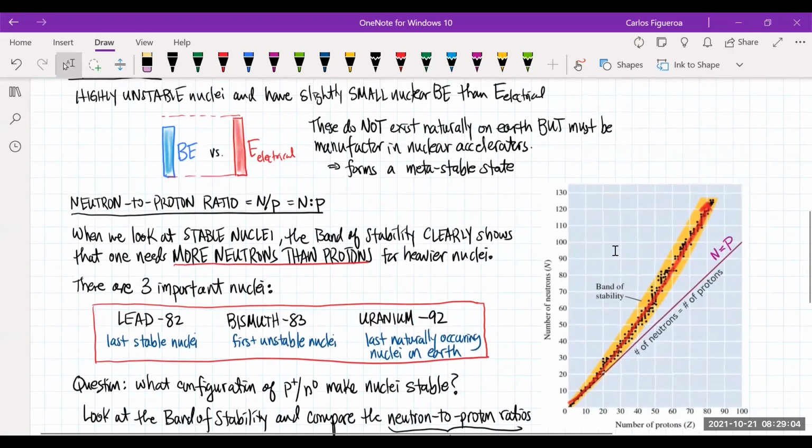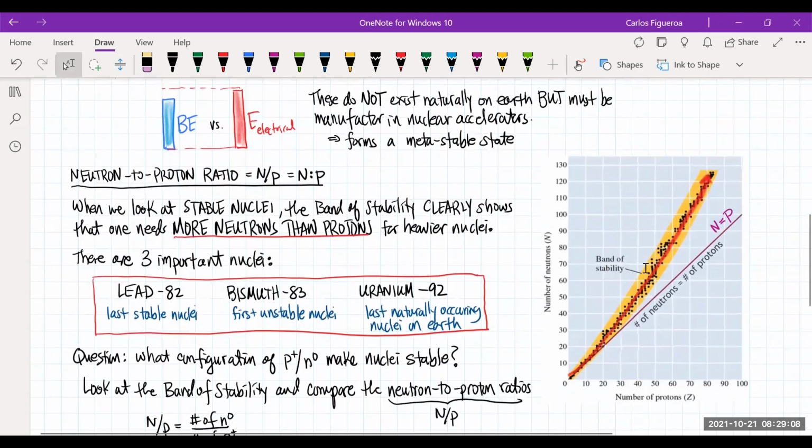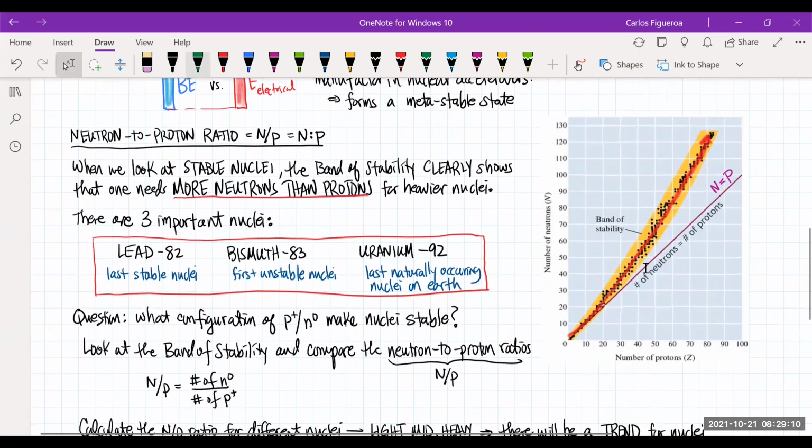If you look at the band of stability, note that there's what I would call lightweight. So let's get some lines in here. The first thing is to look at the ones for 20 here. If you look from 0 to 20, note that the line is linear here, so the number of neutrons and protons look like they're about the same.